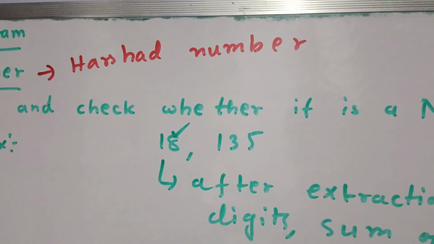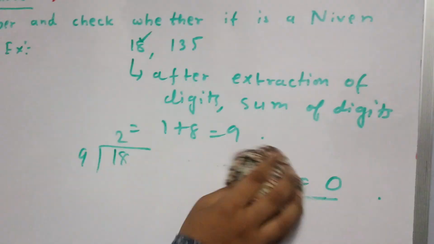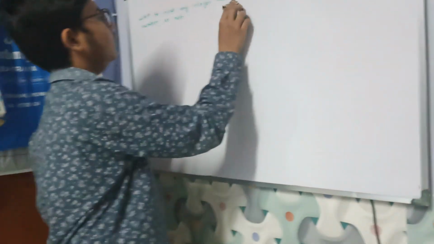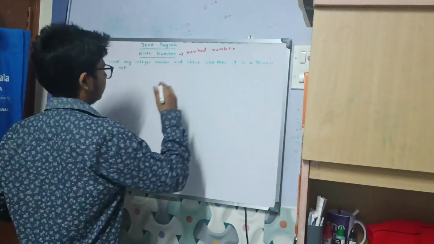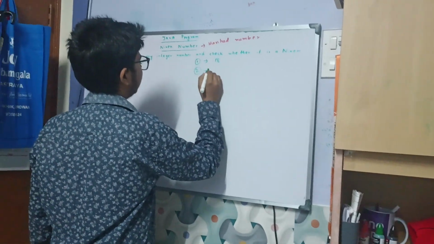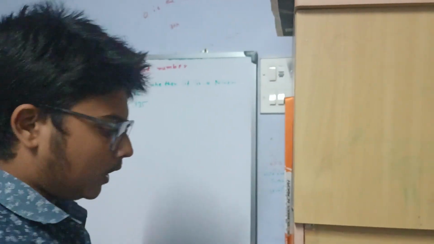I hope the example is clear. So we are getting two examples of Niven numbers: 18 and 135. More we will get if we calculate.